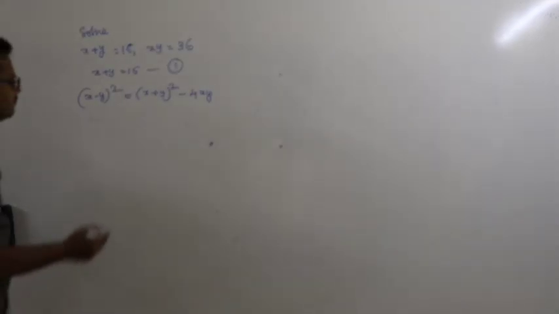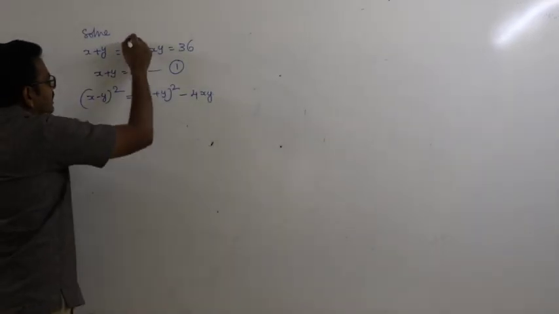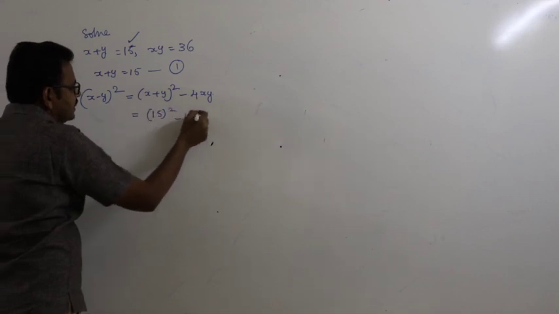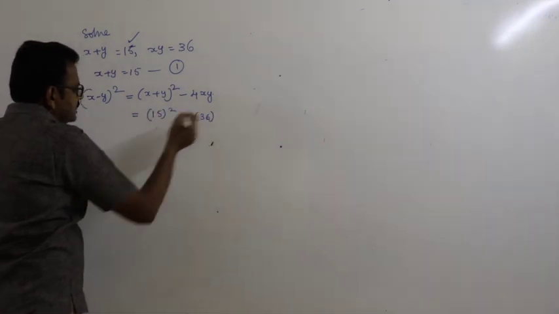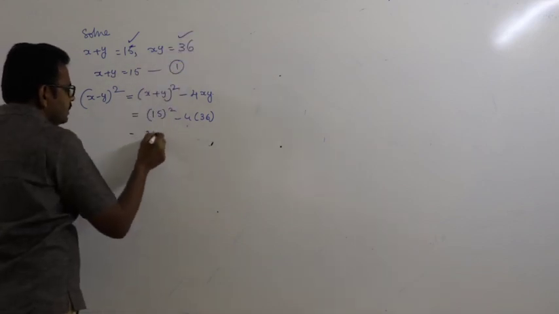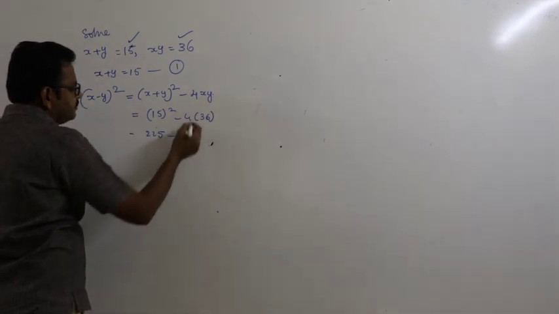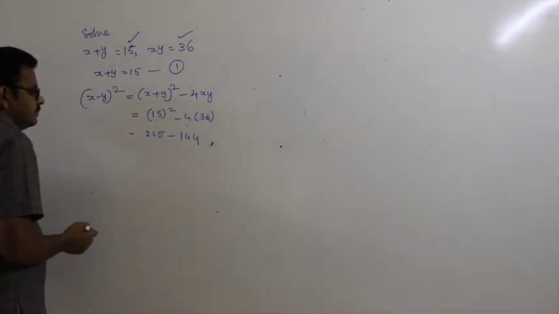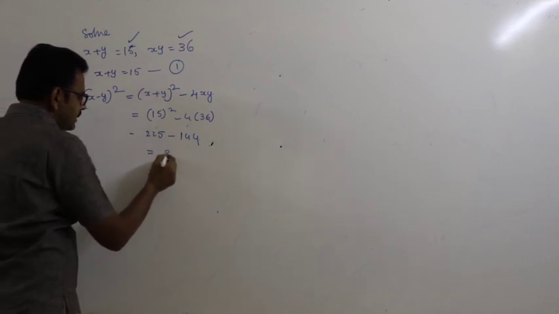By using this, x plus y is 15, square minus 4 into 36, that is 225 minus 144, that is equal to 81.